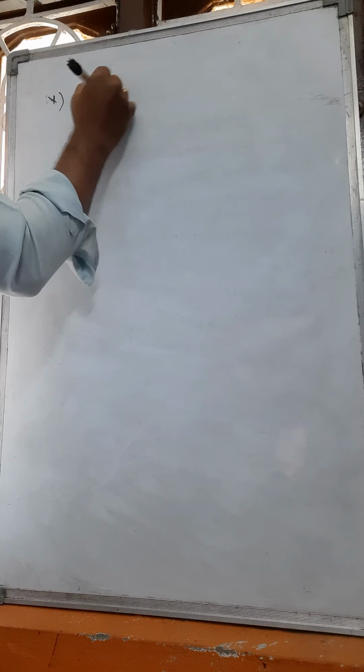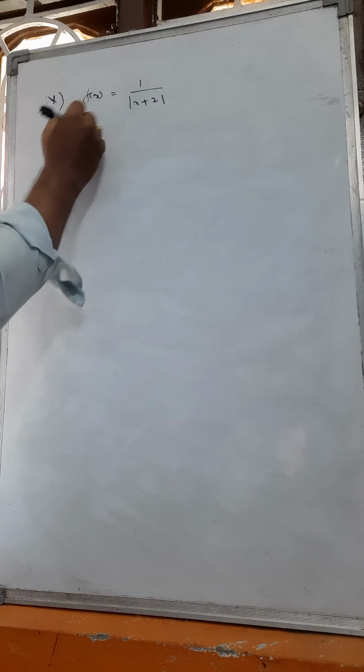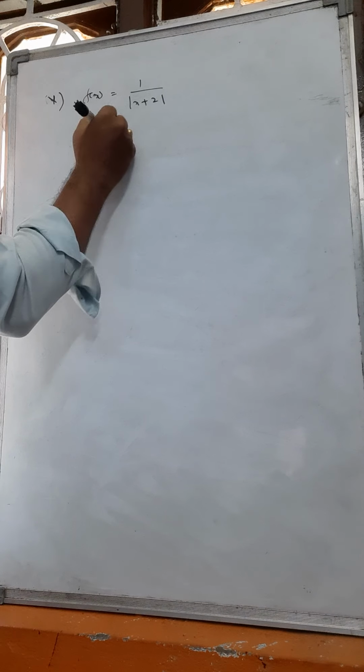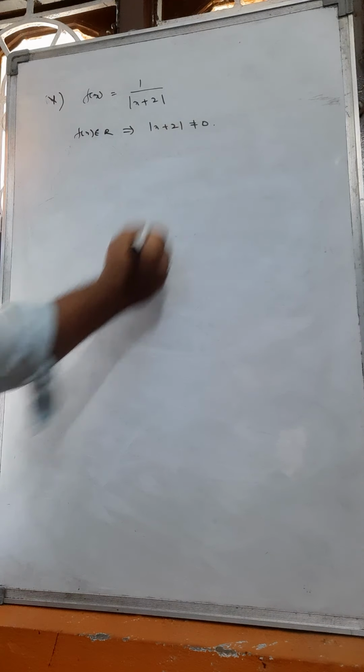Ninth problem. f(x) = 1/(|x| + 2). f(x) belongs to R, so |x| + 2 is not equal to 0.